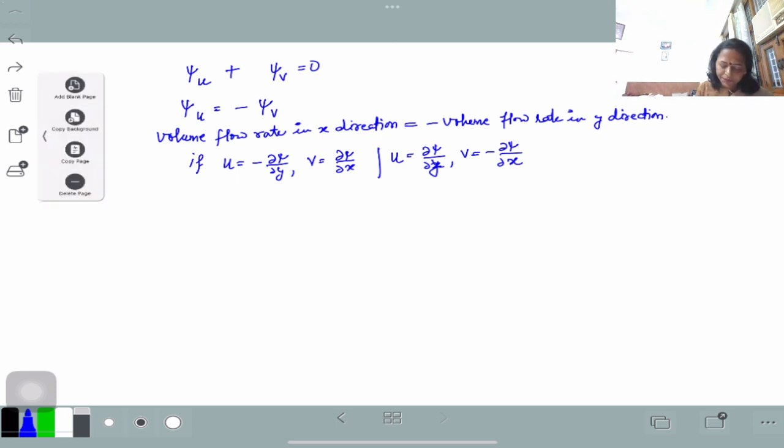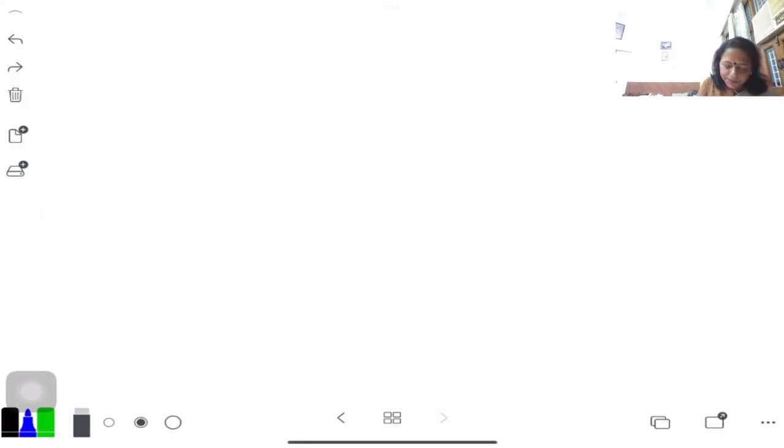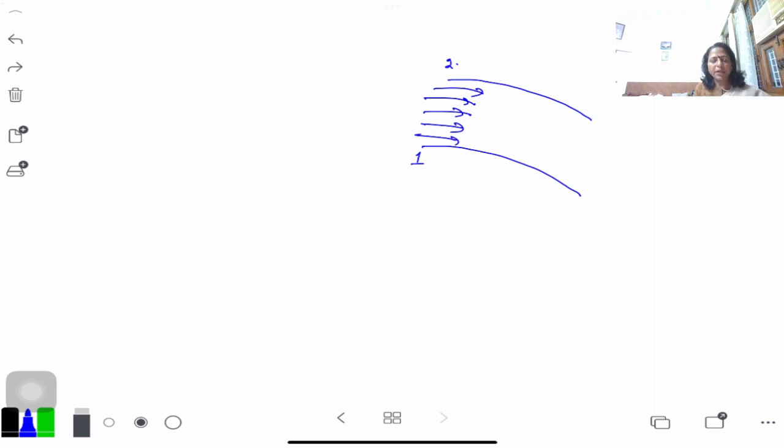So for that, I'll consider a situation like this. You consider two streamlines, and as these are the streamlines, suppose this is the first streamline, this is the second streamline, naturally there will be flow like this because streamlines are always parallel, right?